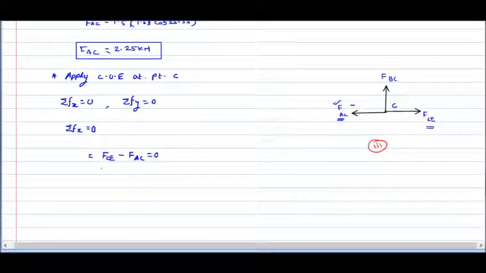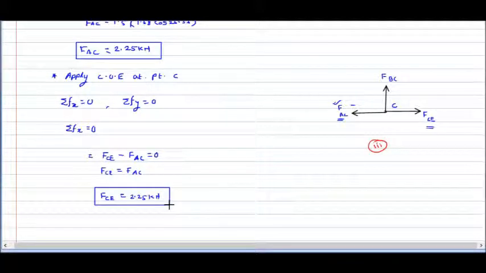So force in member CE is equal to force in member AC, and force in member AC we have calculated as 2.25 kilonewton. So this is our next answer.